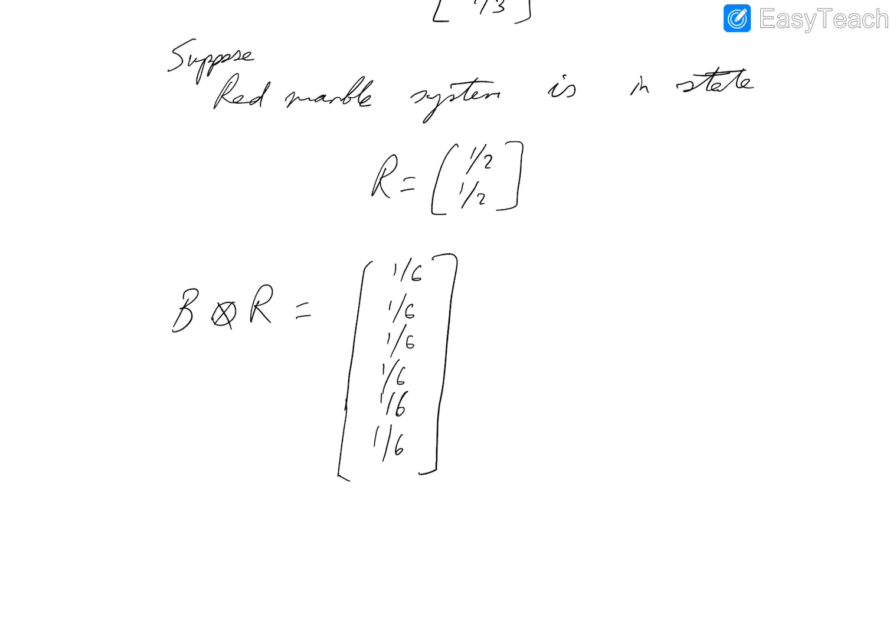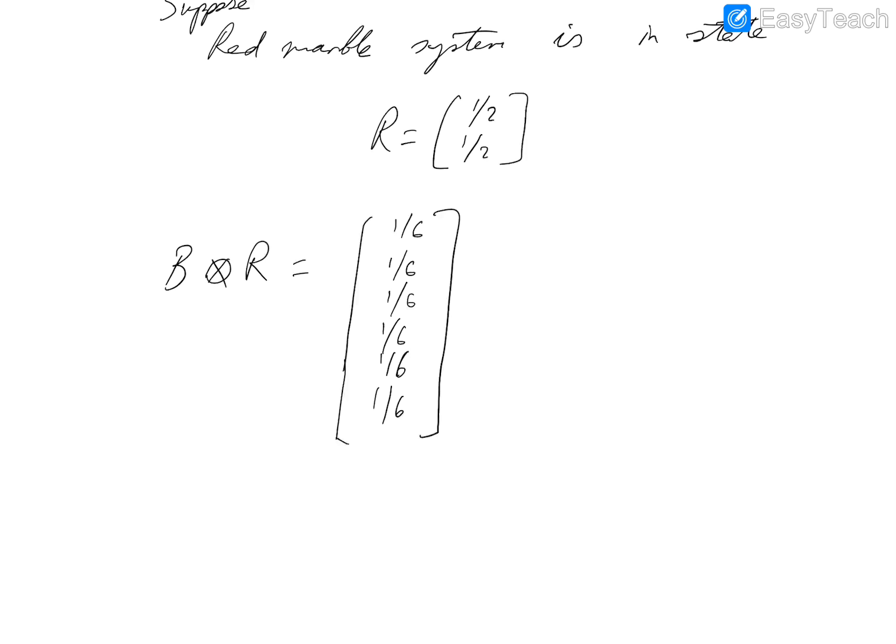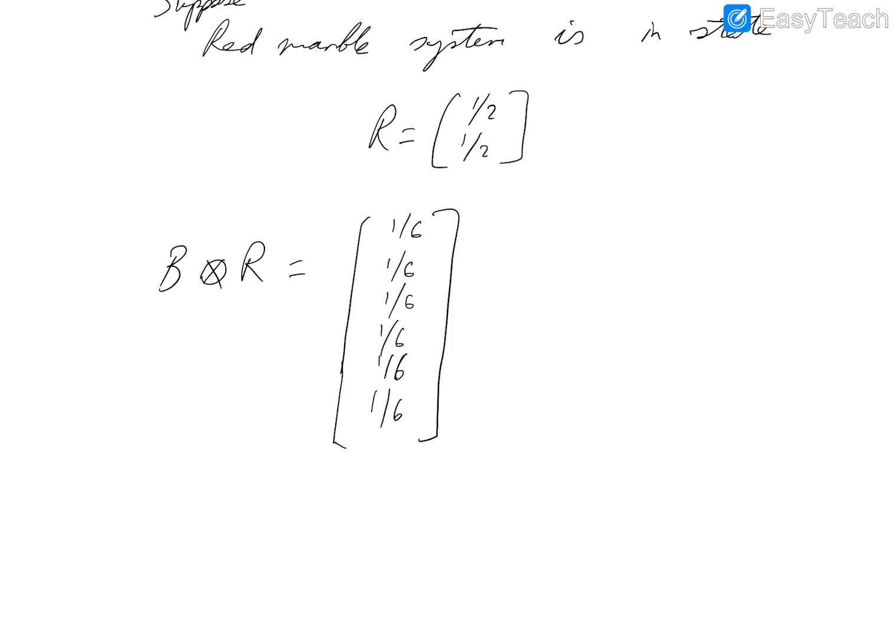So what does that mean? We assumed that the vertices of the blue marble system were denoted by A, B, C. The vertices of the red marble system were denoted by 0, 1. So when we take the tensor product, we get all the combinations.